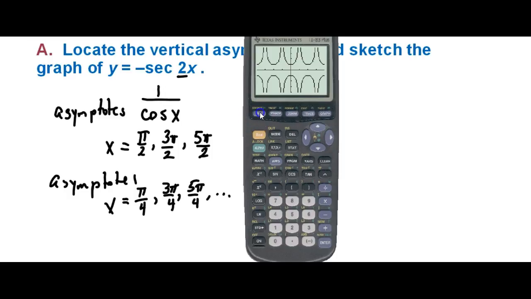I think I forgot to put the 2x in. I was wondering why it was looking the same there. Sorry about that. Let's try this with negative secant of 2x essentially. So here again is our original secant of 2x, and then the negative is going to flip it over and squeeze it in so that it has half of the period it normally would.